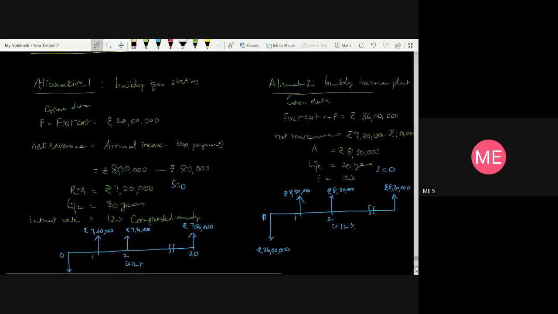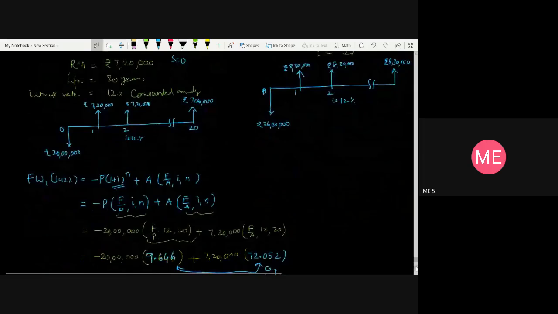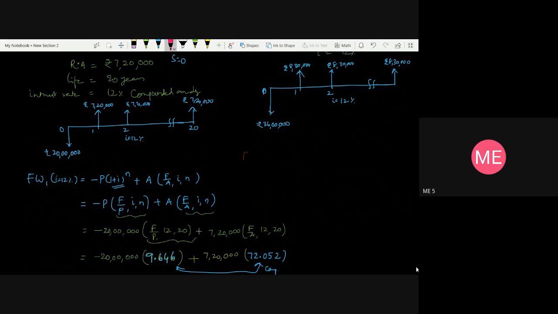Now we'll move to the calculation of future worth for the given cash flow. So how do we write the future worth equation? FW for alternative 2 at I equal to 12%.